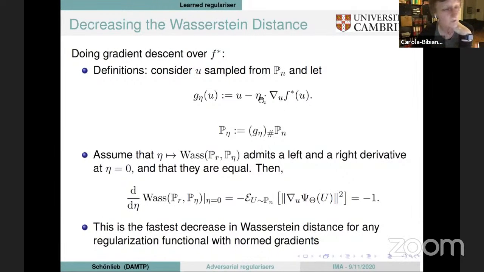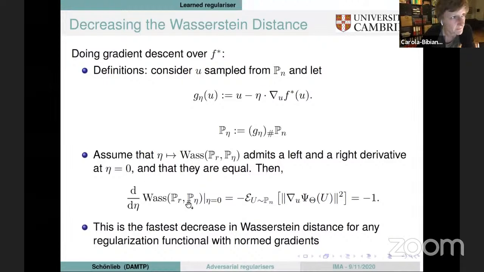You take a step in the direction of the negative gradient of the regularizer, and you create a new distribution that I call P eta. Then conceptually what you want to show is that the new distribution P eta is now better than the distribution Pn that you've started out with, right? Because you've minimized, or you've at least gone in a right direction with respect to F star.